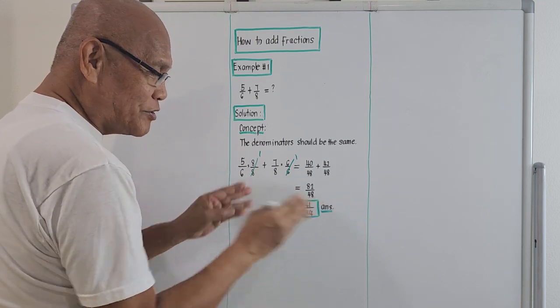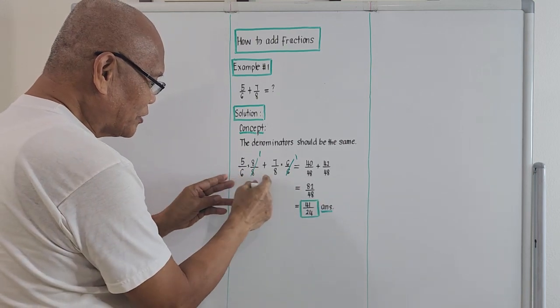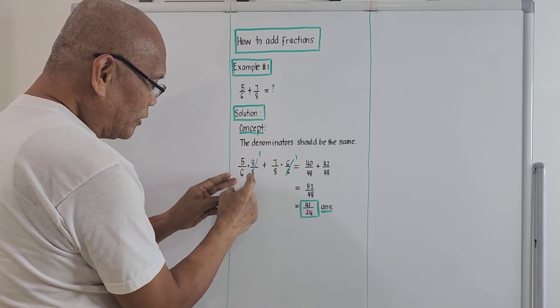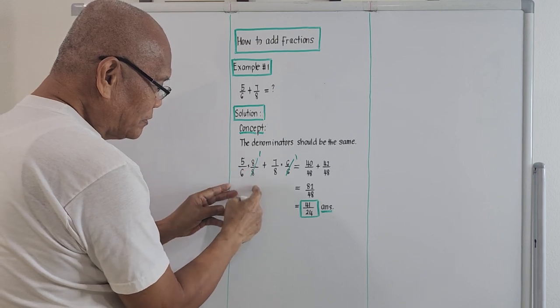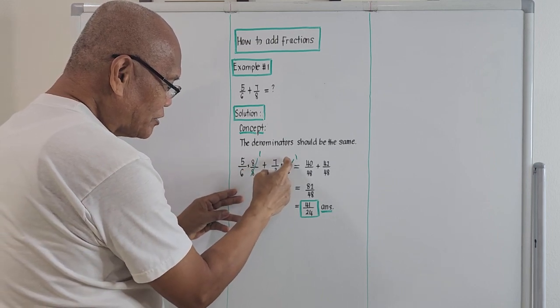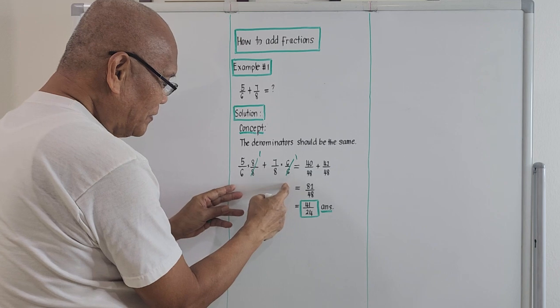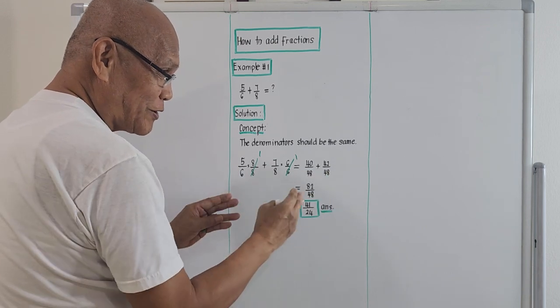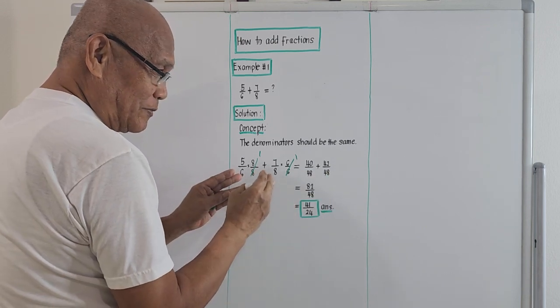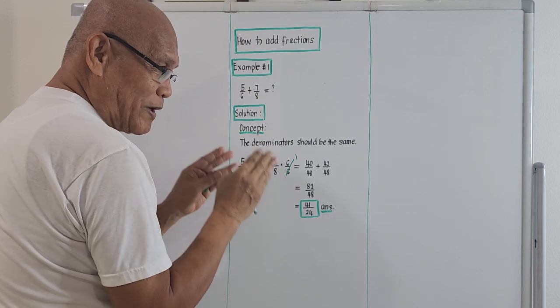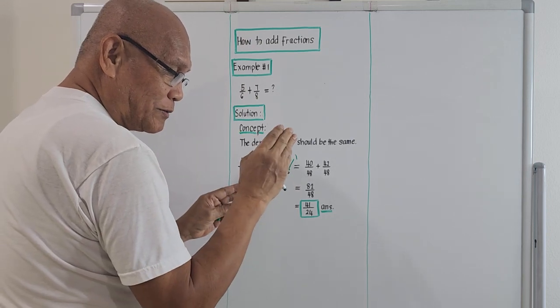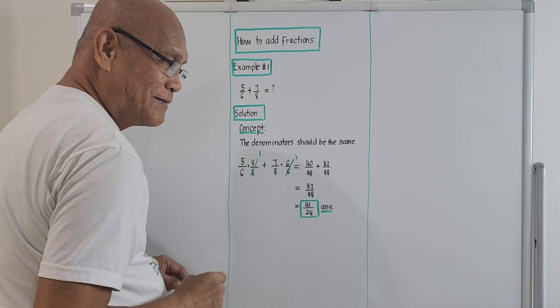So we are not changing the value of the first and second fractions by multiplying the first by 8 over 8 and the second by 6 over 6. But why do we do this? To make the denominators of both fractions equal.